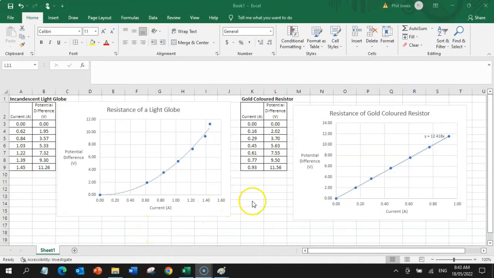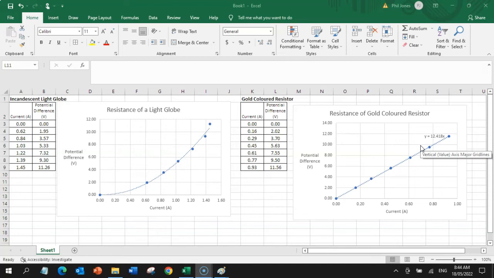So here we have our results. Let's look first of all at the gold-coloured resistor. And what we notice here, once we include the values of 0, 0 for the current and the potential difference, and we create our graph, what we get is a straight line. And if we have a look at that gradient, what we find is that it has a value of 12.4.